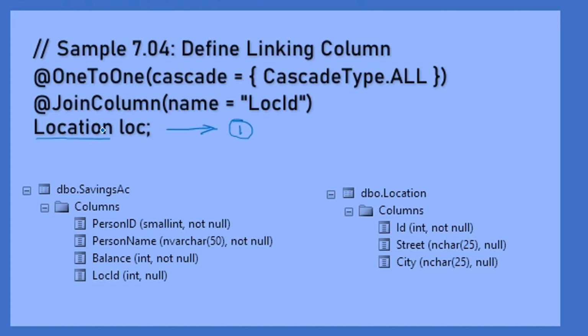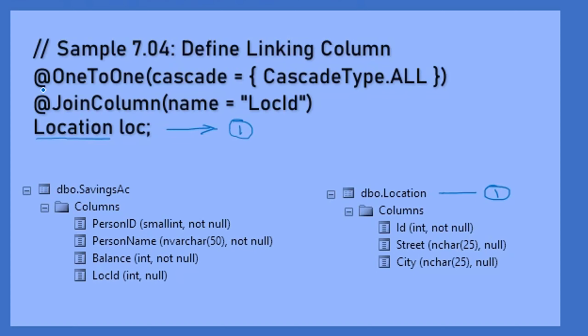So it knows that this location is an entity and that location is placed inside another entity, and that entity name is a savings account. So the savings account points to the savings AC database table and this location points to a location table in the database.